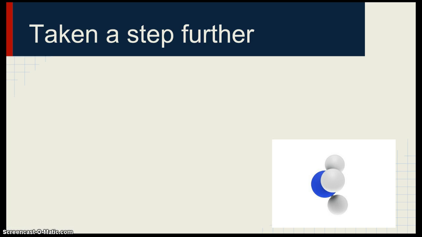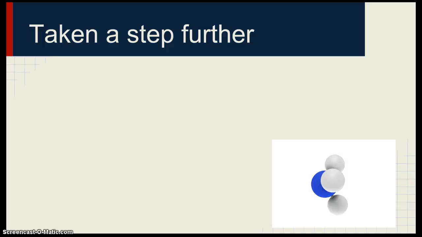Okay, let's take this a step further then. Let's take this one more step further, because now that we know which one's going to limit the reaction, we can use this for all sorts of stuff. Like what could we use it for? Well, we could use it to find out how much ammonia gas we can make at the end. We should be able to do that at this point, right? That's just going to be a simple mass-mass conversion.